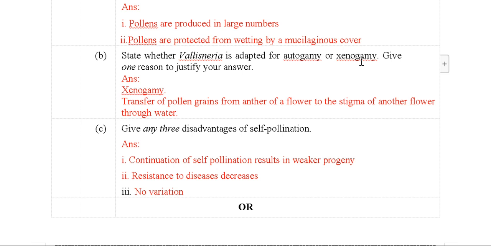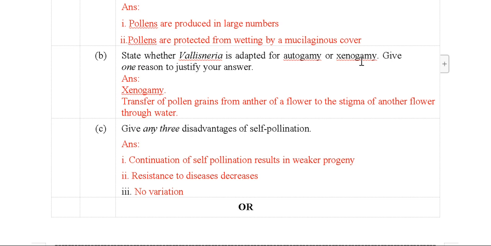There is no chance of autogamy. And why? Give one reason to justify your answer. They transfer pollen grains from the anther of a flower to the stigma of another flower through an agent, and here the agent is water. Thus, we consider Vallisneria a xenogamic or cross-pollinated flower, where the pollinating agent is water.